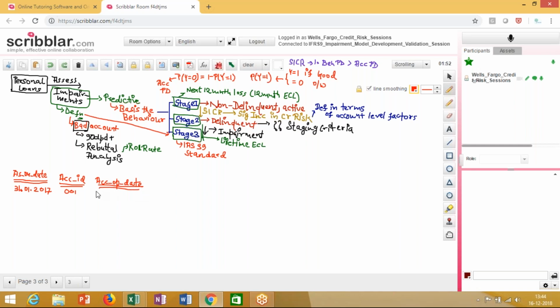Account opening date is 1st Jan 2015. Then I'll put the PD at account acquisition.